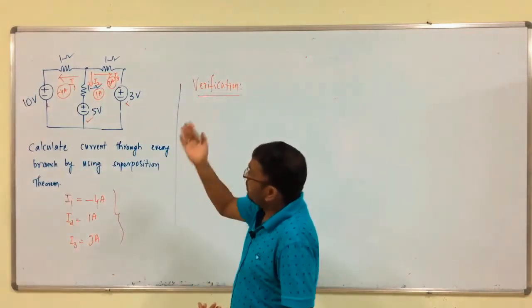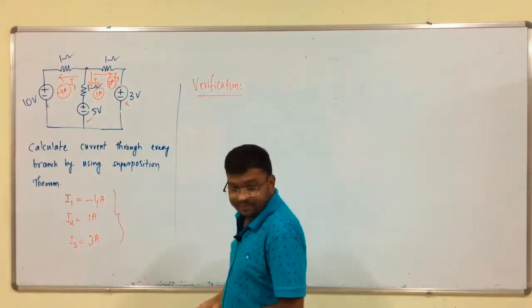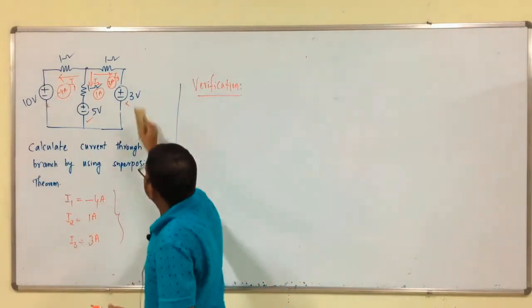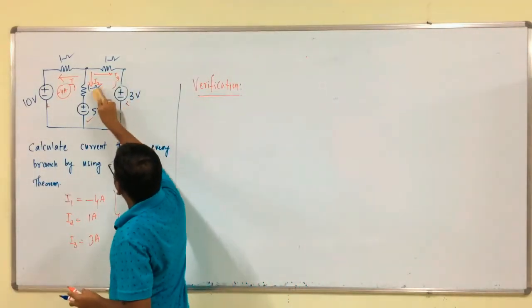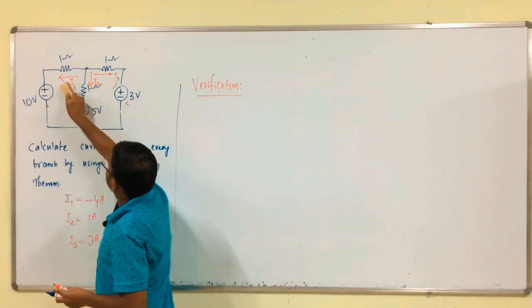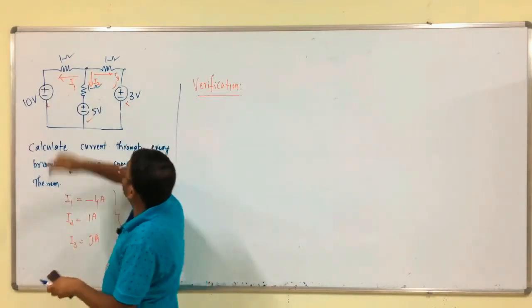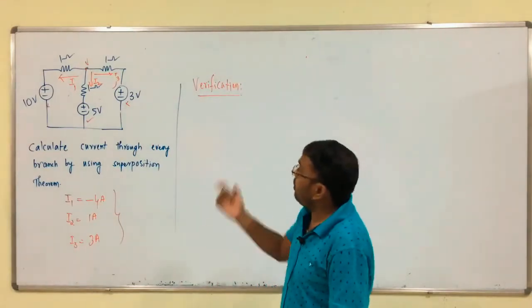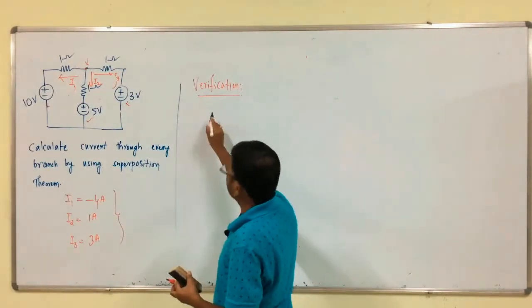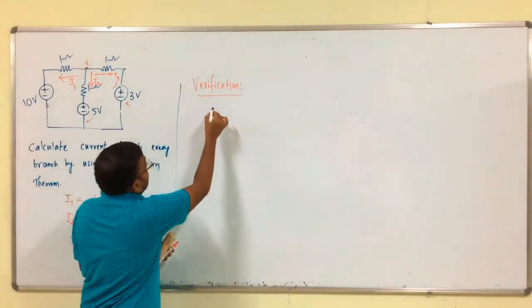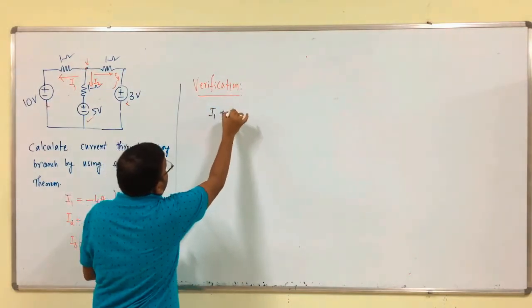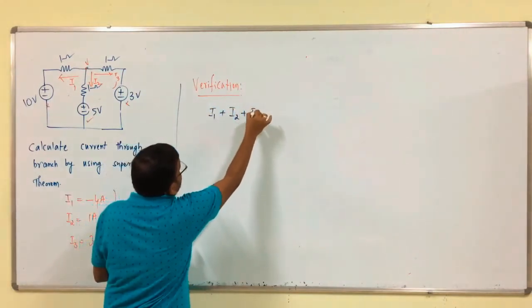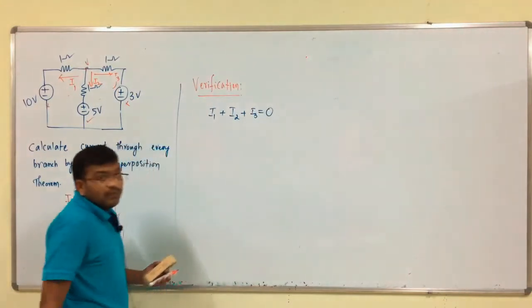Verification is simple. This looks like a simple circuit, no? We do not know the nodal voltage of this. So, at that node, what is the KCL equation? I1 plus I2 plus I3 is equal to 0.